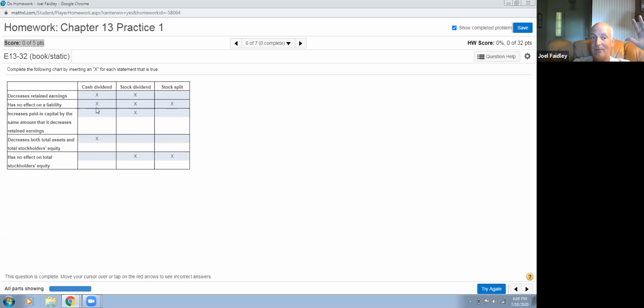So it has no impact on dividends payable after it's paid. There's no impact at all in a liability for a stock dividend. Increases paid-in capital by the same amount that it decreases retained earnings, yes. But the paid-in capital in excess of par, if it was a small dividend, yes. But if it's a large dividend, there is no additional paid-in capital.